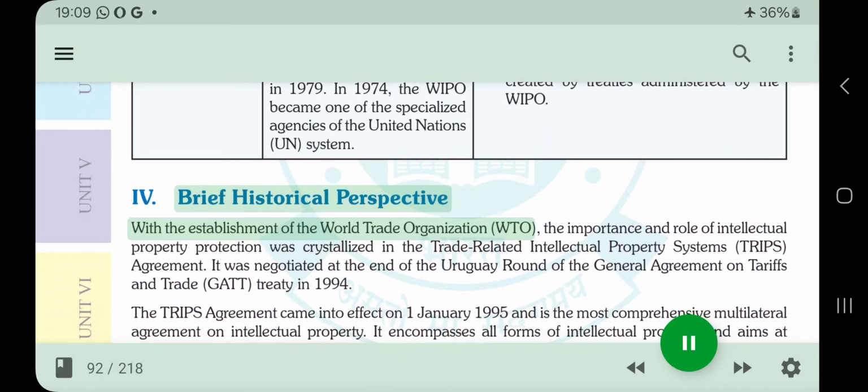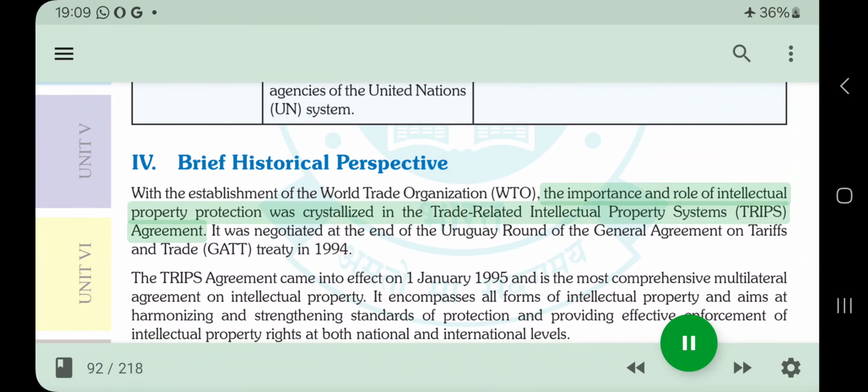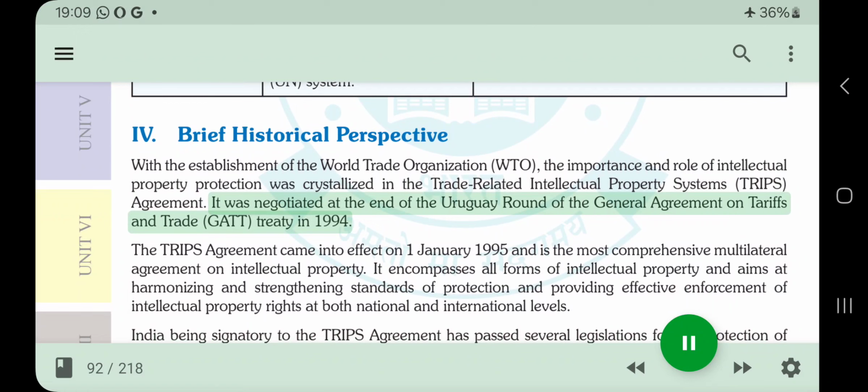IV. Brief historical perspective. With the establishment of the World Trade Organization, WTO, the importance and role of intellectual property protection was crystallized in the Trade-Related Intellectual Property Systems, TRIPS, agreement. It was negotiated at the end of the Uruguay round of the General Agreement on Tariffs and Trade, GATT, treaty in 1994.